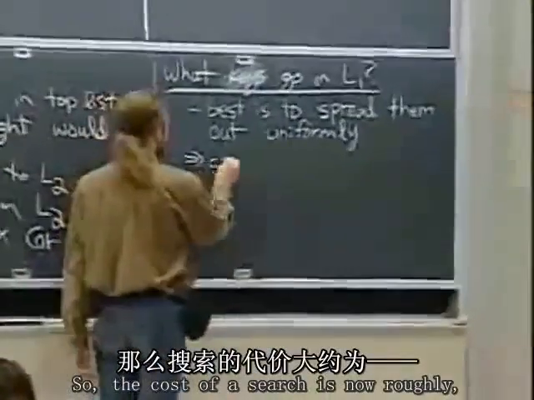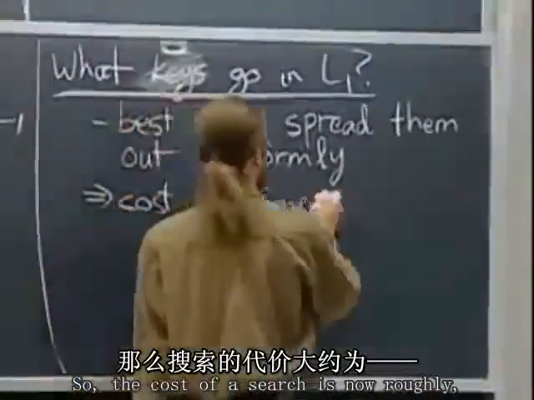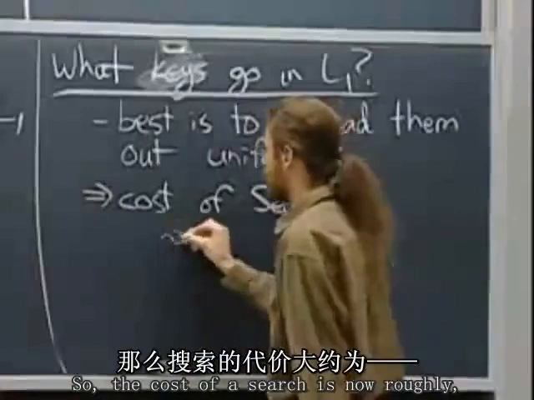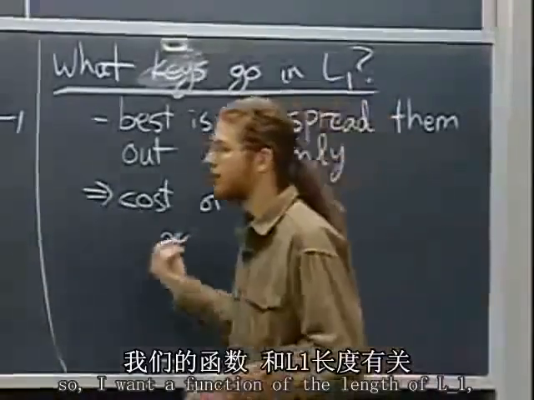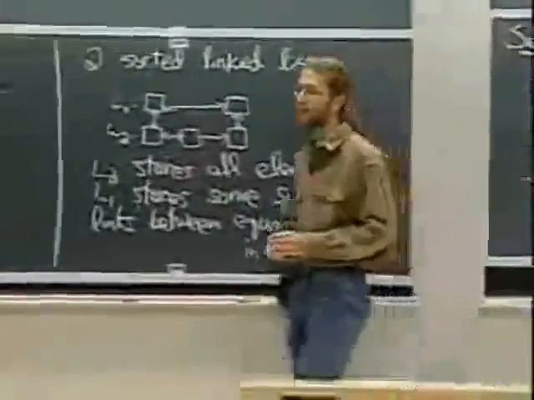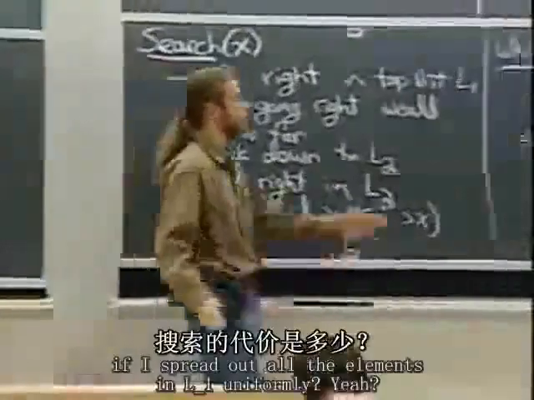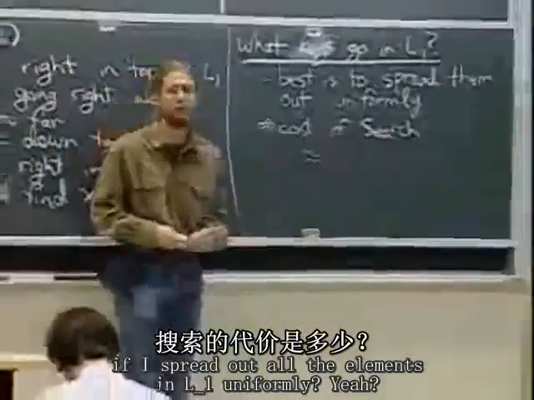So the cost of a search is now roughly, so I want a function of the length of L1 and the length of L2, which is all of the elements, n. What is the cost of a search if I spread out all the elements in L1 uniformly?